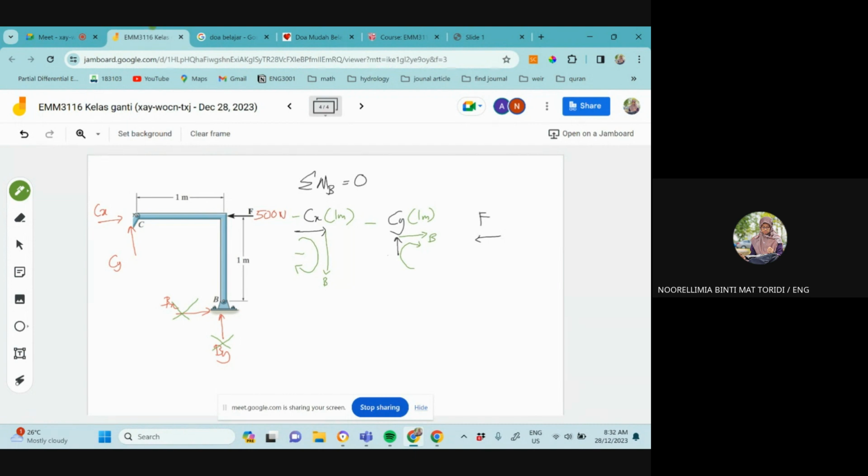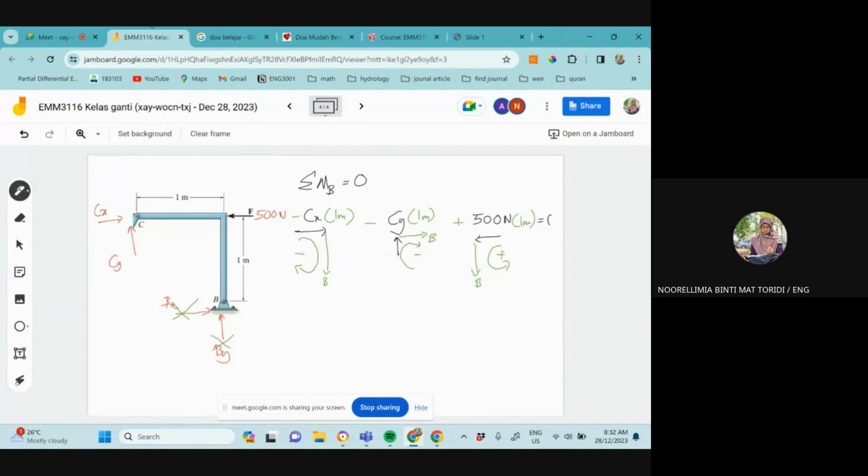So for F, F already known, 500 Newton. And then distance to B is equal to 1 meter as well. So this one is counterclockwise, so it is positive. Then finally equal to 0.